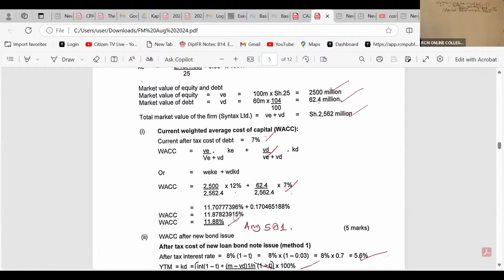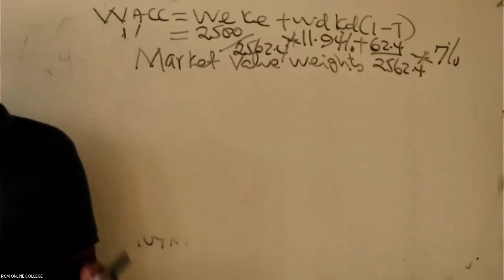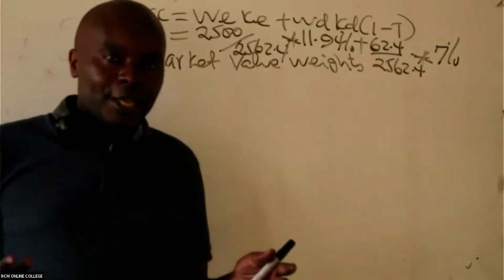Including people who are able to get these market value weights, 2,500 and market value of debt 62.4, even this total means something for you. Yeah, 11.8 something. In this case, I will be able to give you a mark.